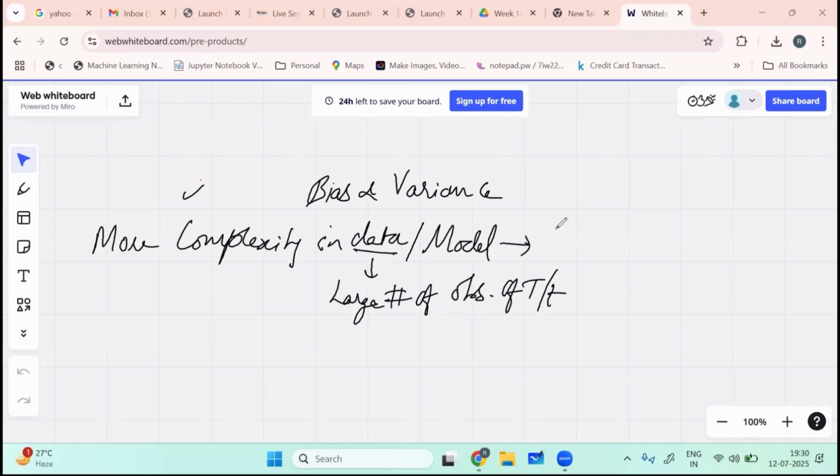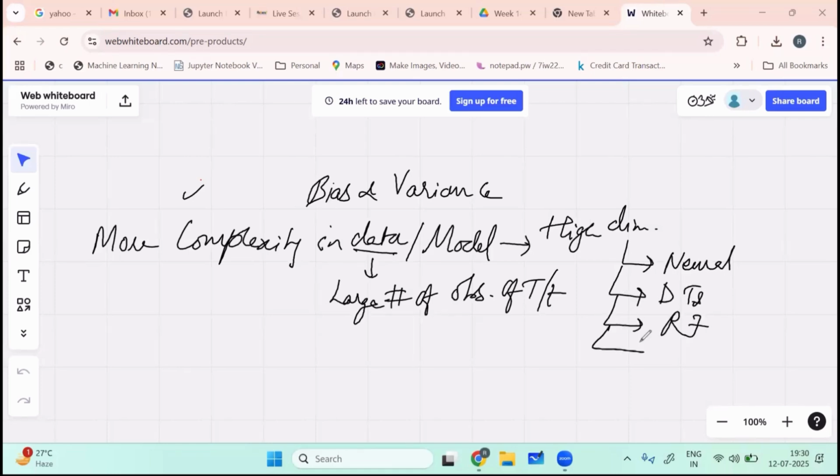And the model may be high dimensional, like neural networks, decision trees, random forests, XGBoost. There are certain categories of models which work on high dimensions with n-dimensional arrays, neurons and all.